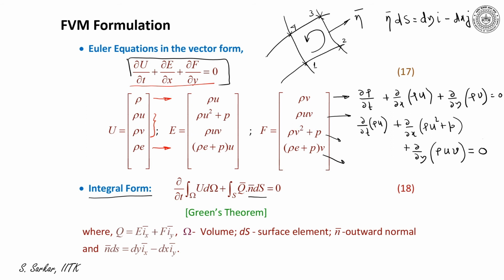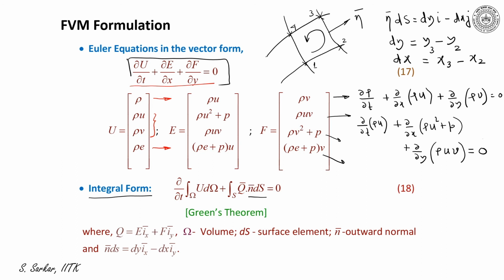Now what is dy? dy can be evaluated as y3 minus y2. I'm very sorry, it should be written as subscripts, not superscripts. So this is 3 and this is 2. Similarly, dx would be equal to x3 minus x2.